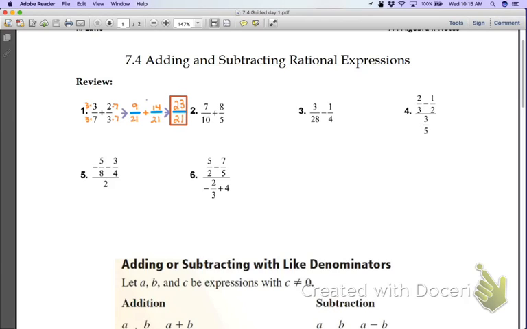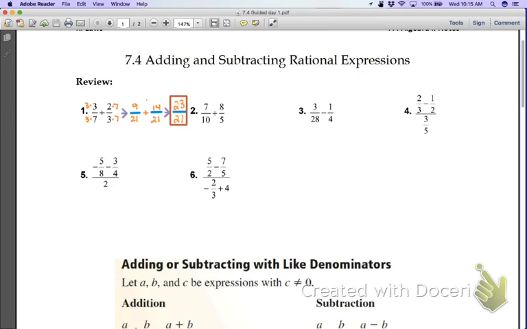Now, it's not always the case that I will have to multiply both fractions. Okay, again, looking at the smaller denominator, looking at the 5, can I turn the 5 into a 10? Yeah, how? Multiplying it by 2.